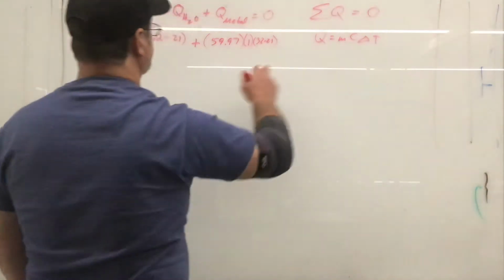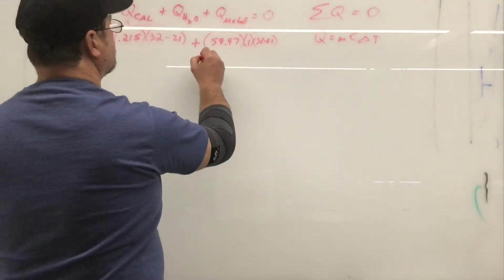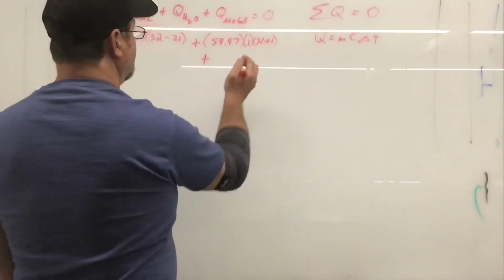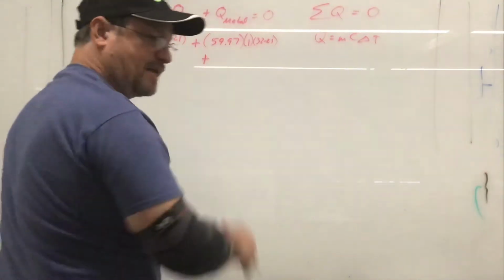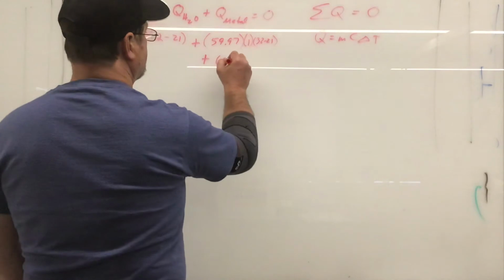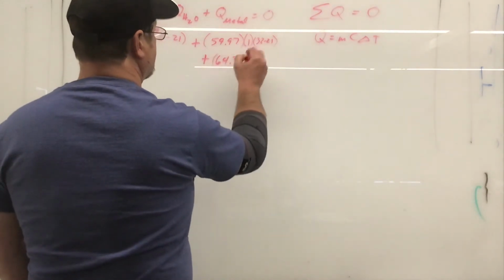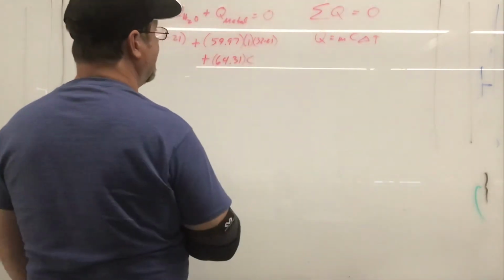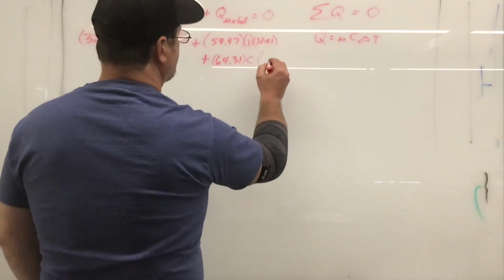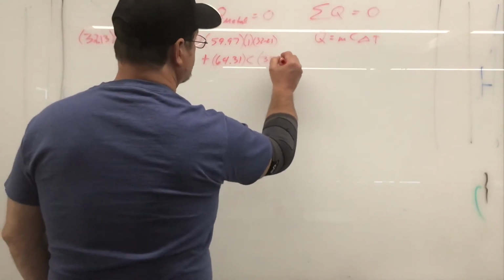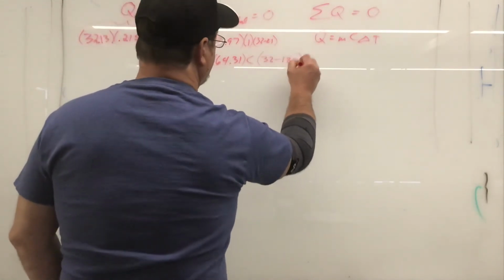And rather than erase that, I'm going to keep going down below here and say plus, I've got the Q of the metal. And for the metal, I know the mass. The mass was 64.31. The C in this case is what I don't know. And I know that this metal started at 185 and went to 32.